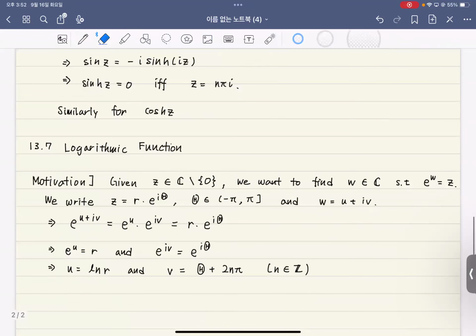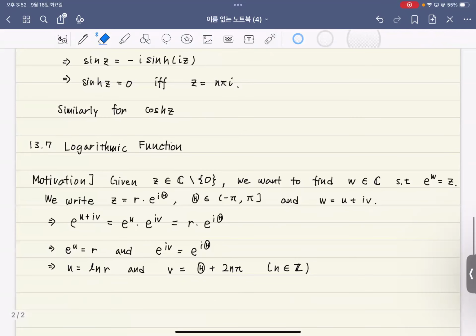Okay, actually I have a better name for this. I will simply say this is an argument of Z. Do you remember this notation? If I say argument of Z, then this does not mean a single value, but actually a set of values, right?